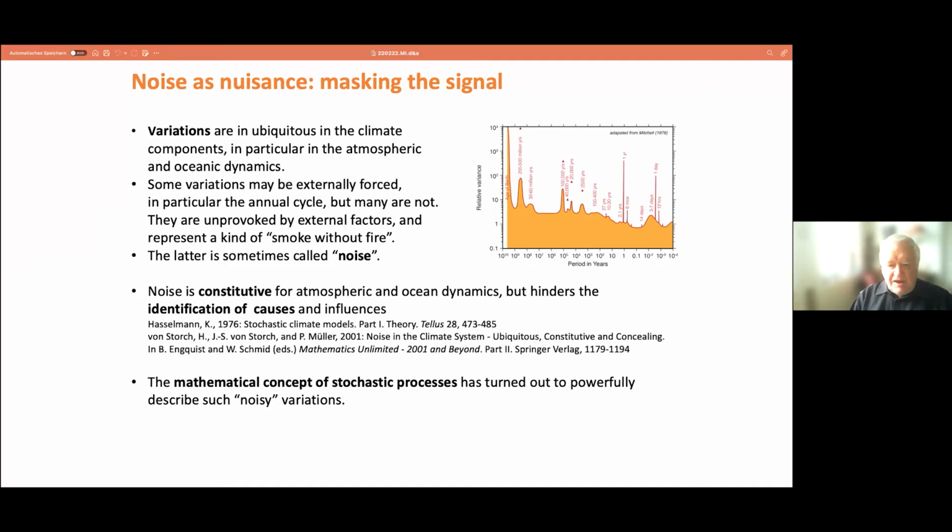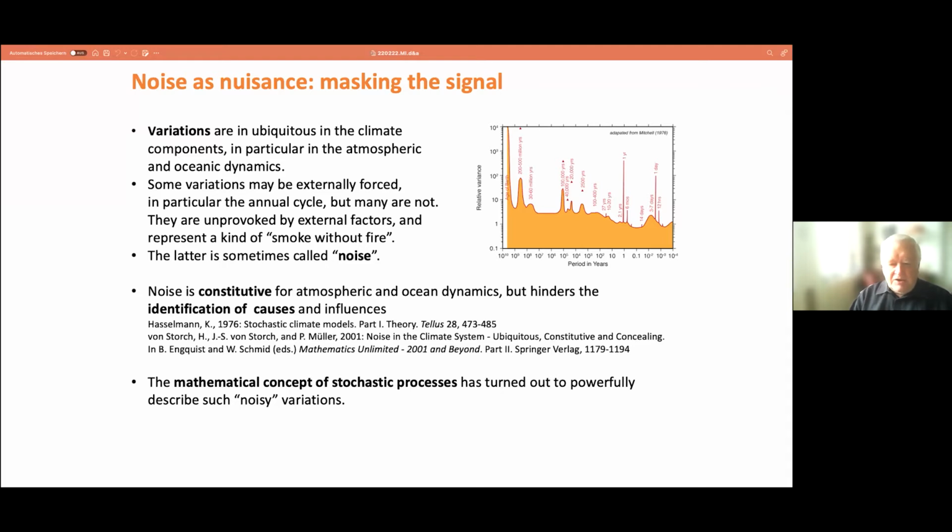The interesting thing is that noise is constitutive for atmospheric and oceanic dynamics, but hinders the identification of causes and influences. So noise has a dual role, and this was introduced into our science by the other important paper by Klaus Hasselmann, 1976, on stochastic climate models.